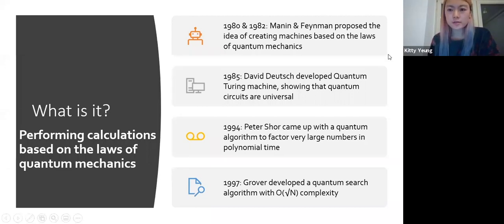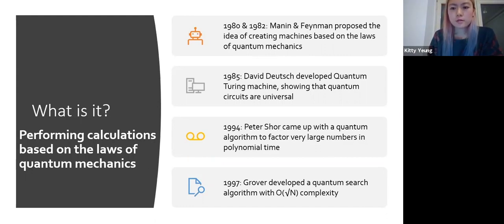since the 80s, when it was first proposed by Manin and Feynman that we could create machines based on the laws of quantum mechanics, and that could help us build simulation tools to mimic quantum mechanical systems. From there, quite a few algorithms were developed, all based on each other.